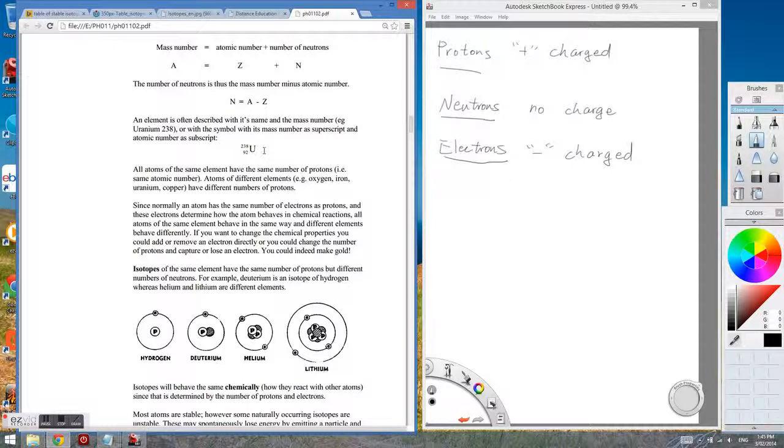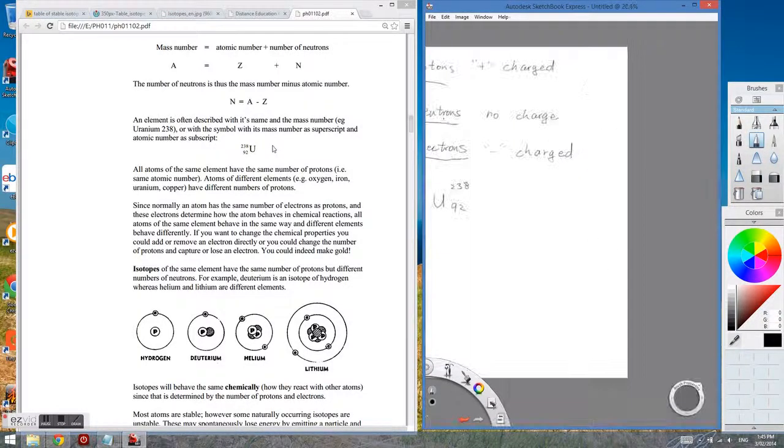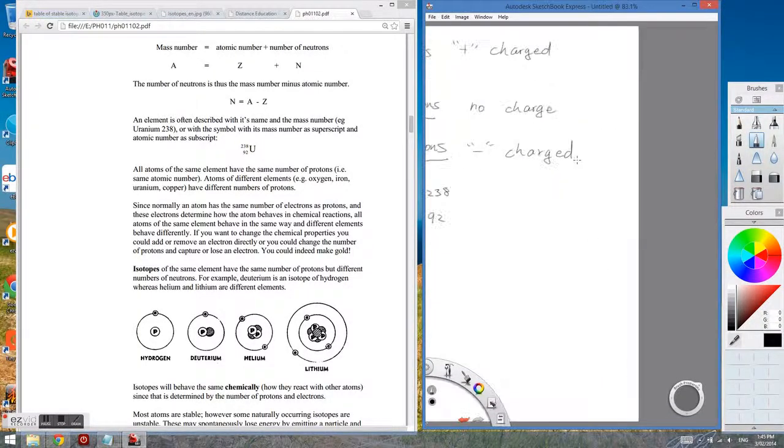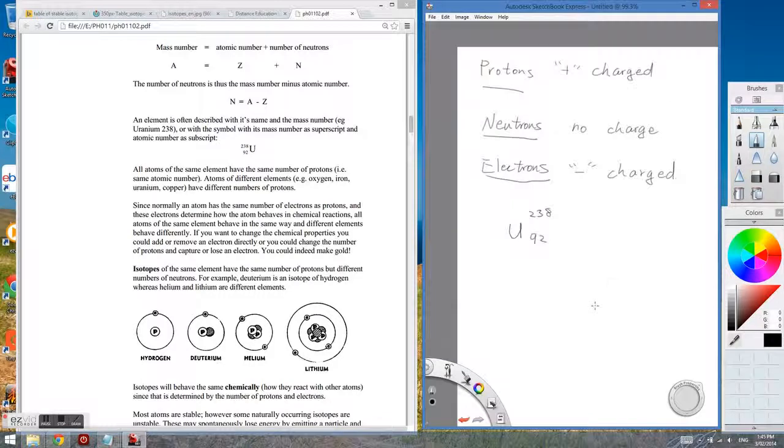I use this as an example. Say I found some element, uranium 238, with 92 here.